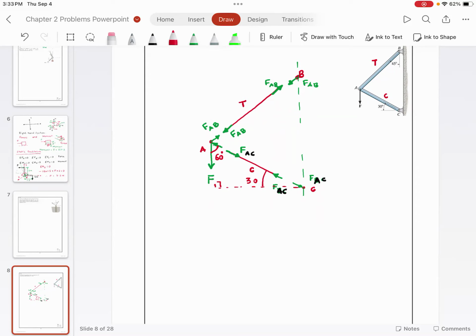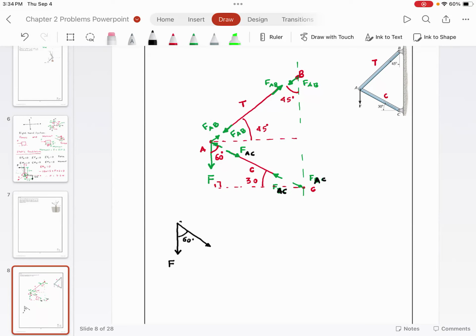Now I'm going to do the same analysis over here. So please note, this angle is 45 degrees. So do you agree with me that this angle has to be 45 degrees? So just for clarity, I'm going to draw this force system again. You have force F going down. You have one more force, which is at 60 degrees.